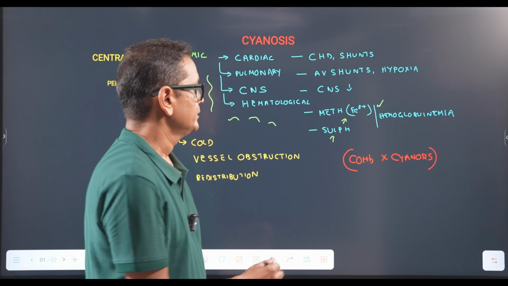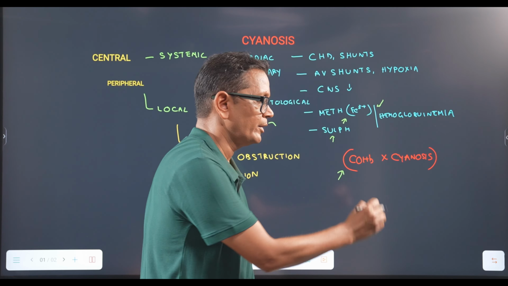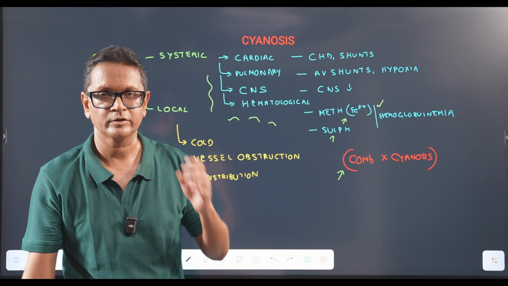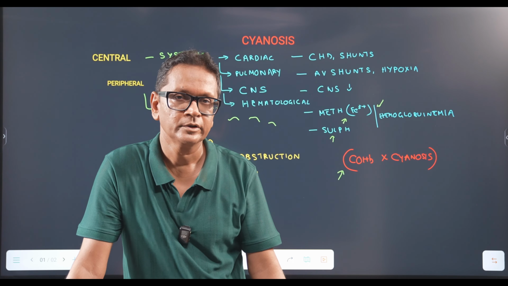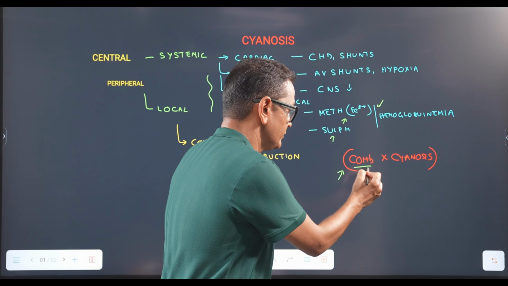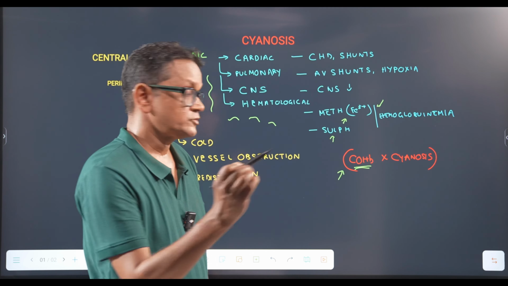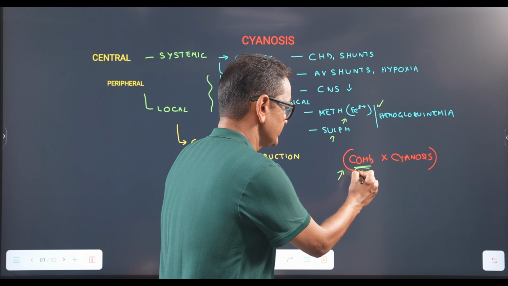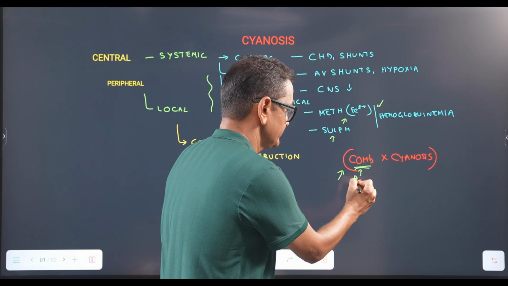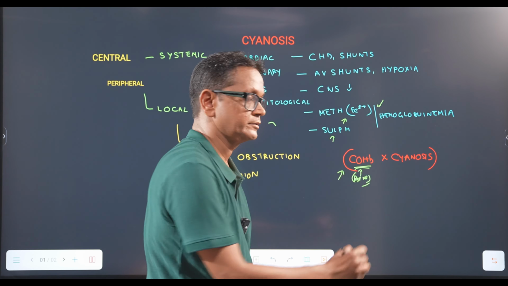Okay. One common misconception is that poisoning with carbon monoxide can lead to cyanosis, but it is not so. Because carbon monoxide, when combined with hemoglobin, actually produces a bright red color instead of a cyanotic tinge.